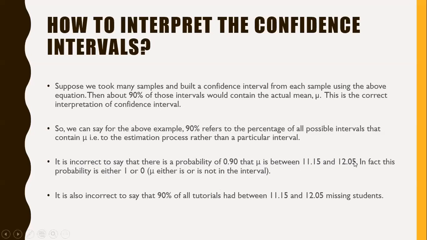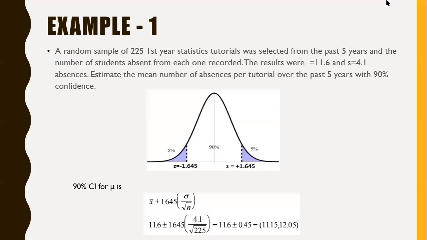Instead, you have to say it this way. Normally, your population mean lies between the lower limit and upper limit of 11.15 to 12.05. Right? Always you have to calculate confidence intervals using your sample values.